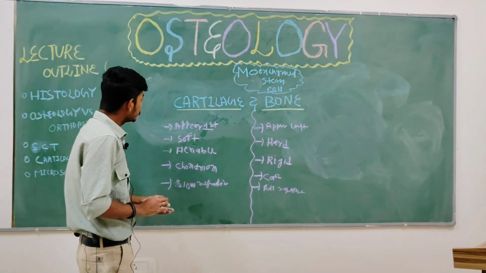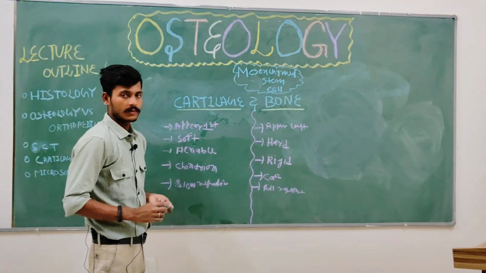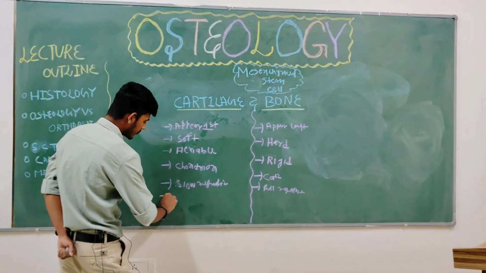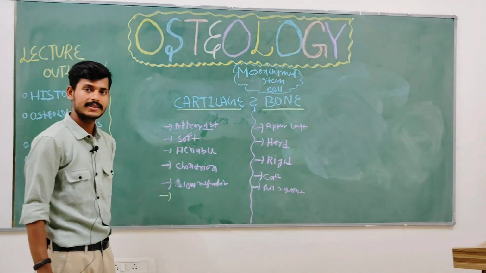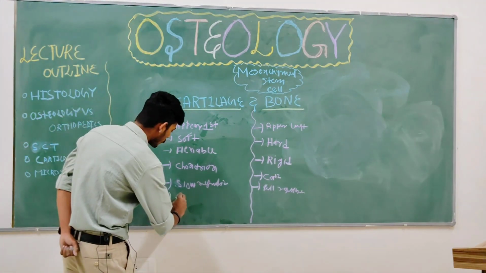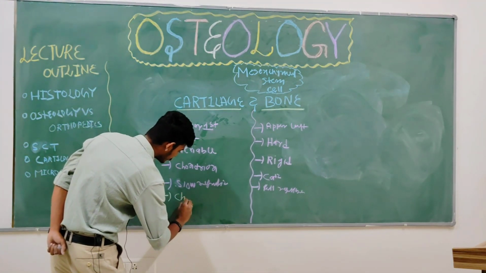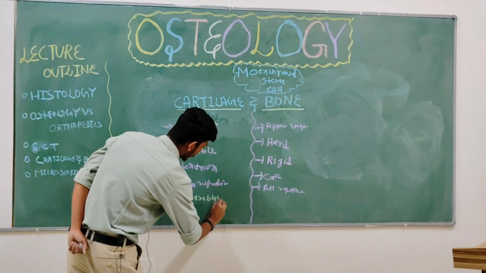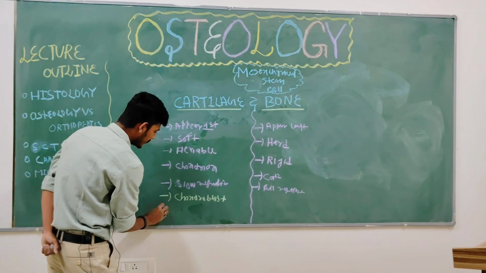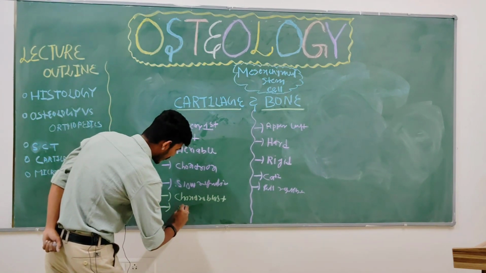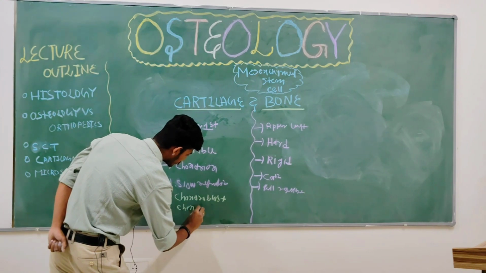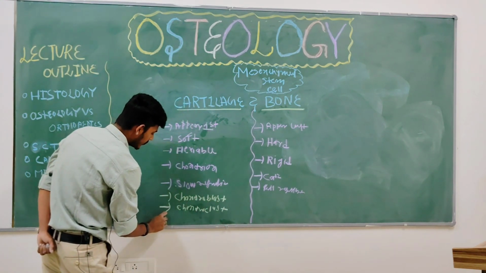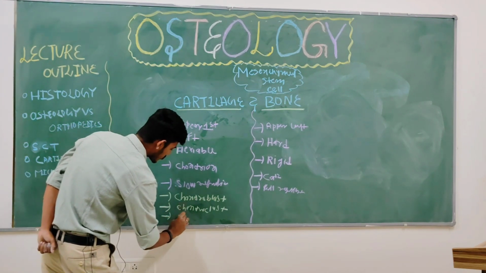Now, come to the cells. The cells of cartilage are of three types, starting with the chondroblast. Write down. Chondroblast. Then you have chondroclast. Then you have chondrocyte.